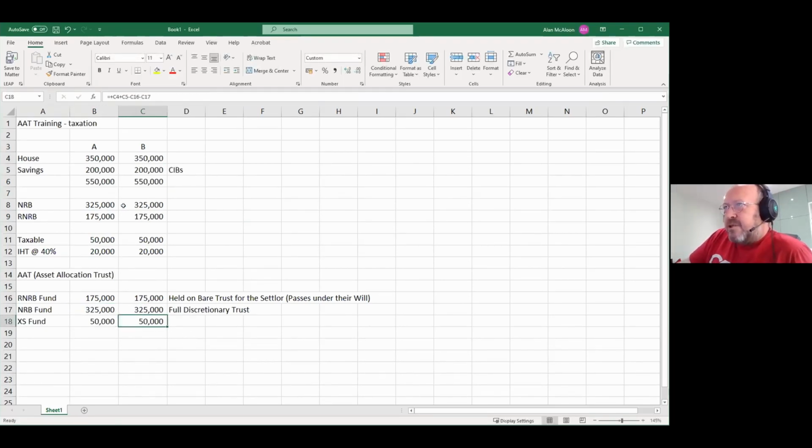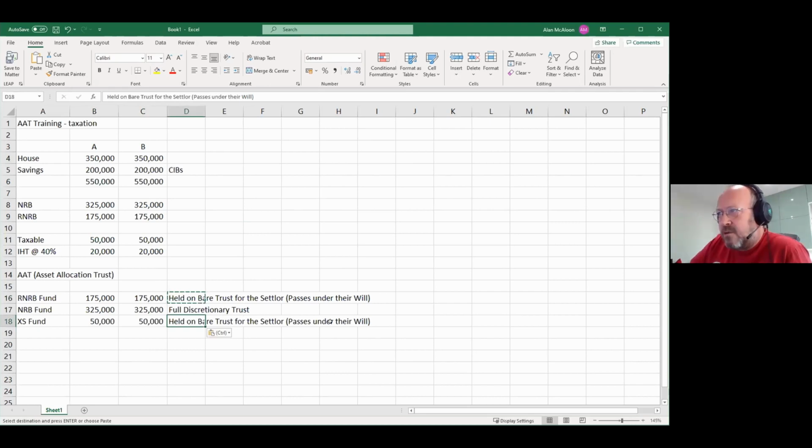So if they transferred in a house worth 700 plus savings worth 400, this excess fund is again held on bare trust for the settlor, so would pass under their will. What we would end up with is 175,000 in the residence nil rate band fund to claim the residence nil rate band.